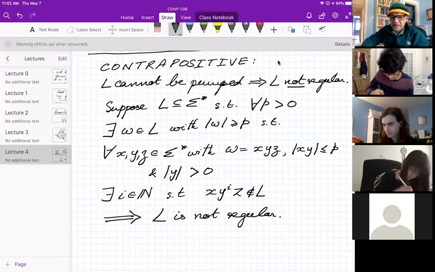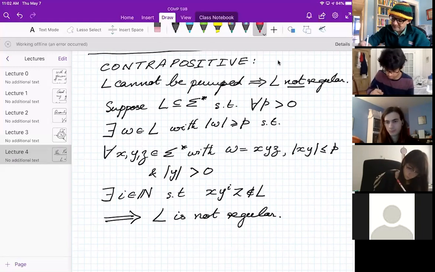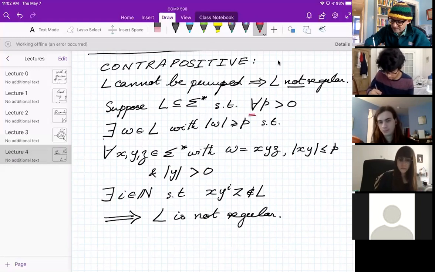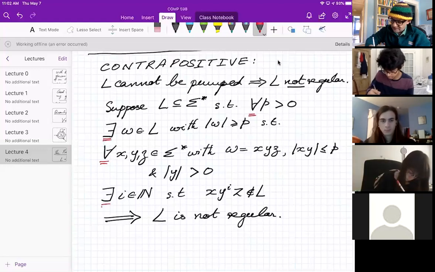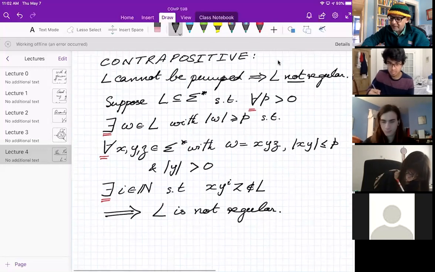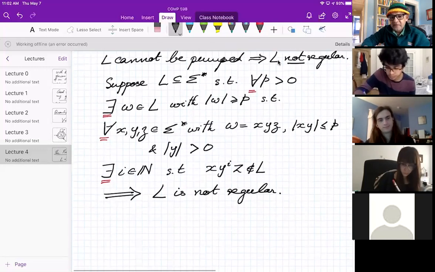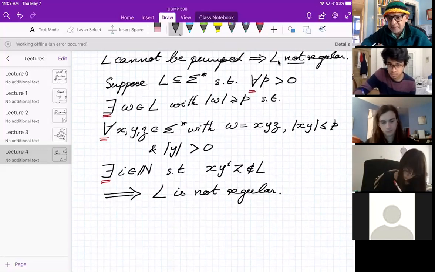So I think you'll agree with me, a statement like this has lots and lots of quantifiers, and it becomes a pain to deconstruct it. There's one, there's one, there's one, and there's one. How do we understand a statement with this level of logical complexity?